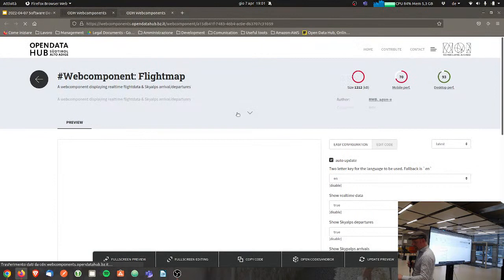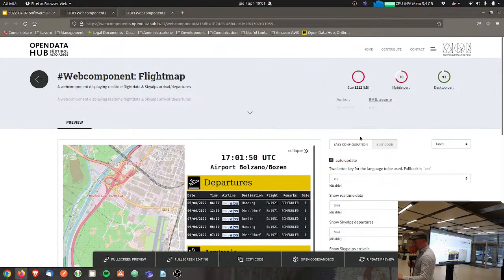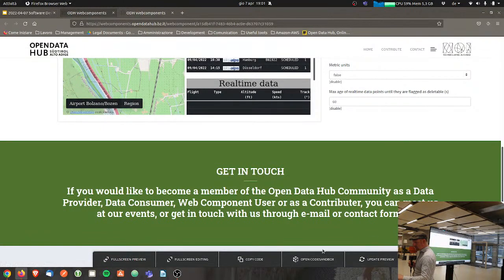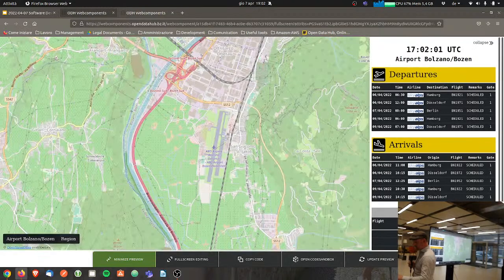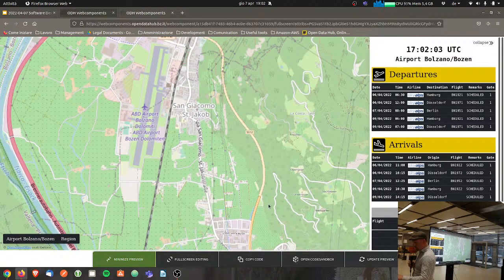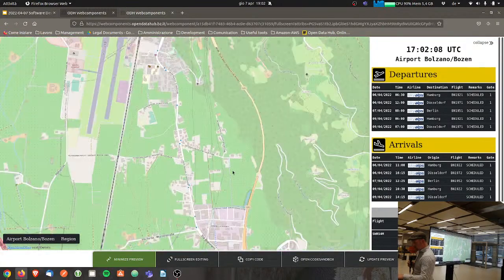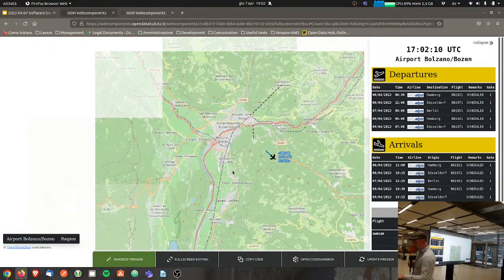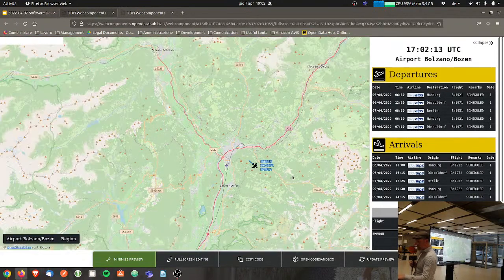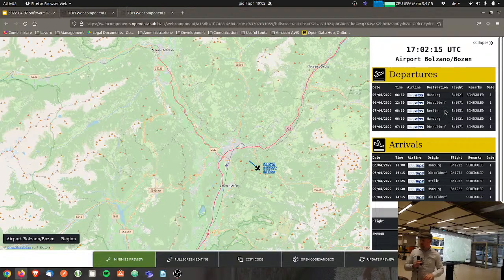All right, so let's go back here and have a look at the component. Full screen should be here. Okay, so we basically see the map here. We see the static data on departures, arrivals, and we see the live traffic here.